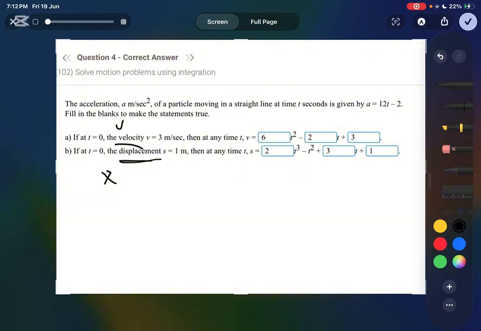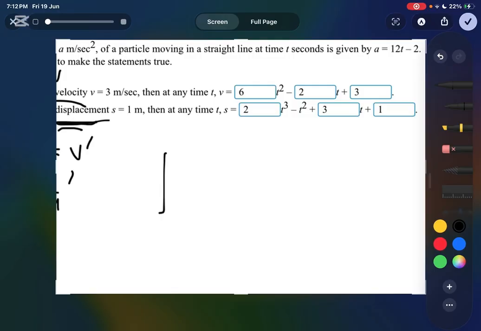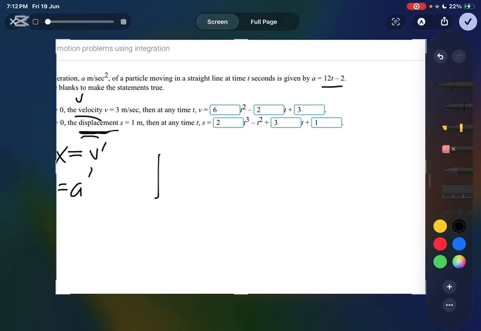We did this in physics. So the x will be the antiderivative of v, and v will be the antiderivative of a. When you do the antiderivative of a, it will become the velocity. And if you do the antiderivative again for v, you'll find the displacement.